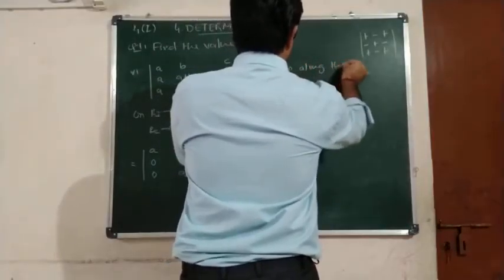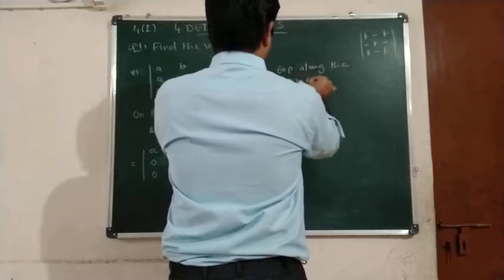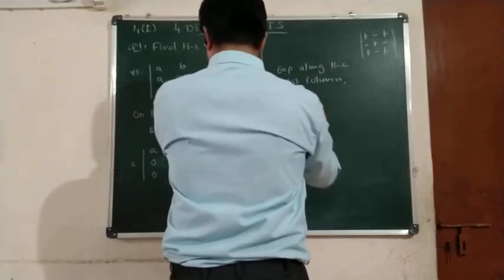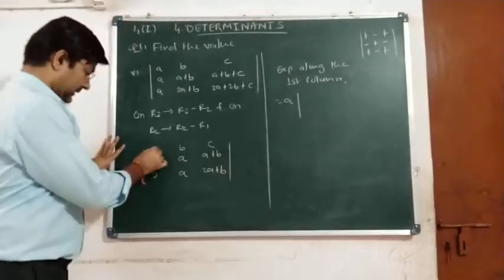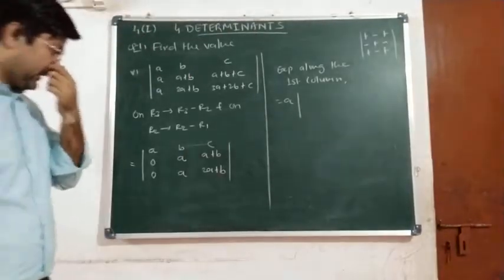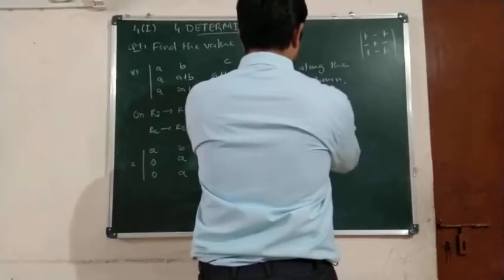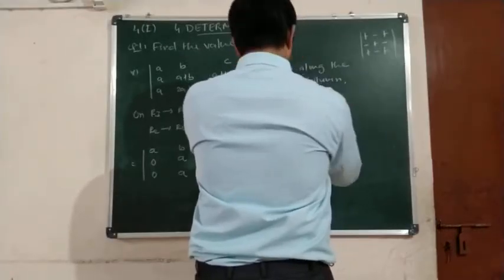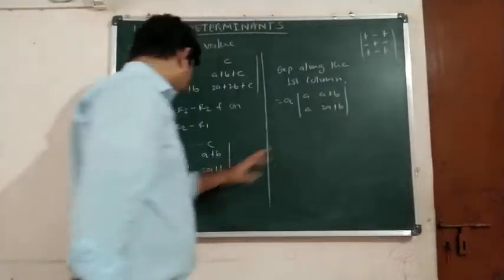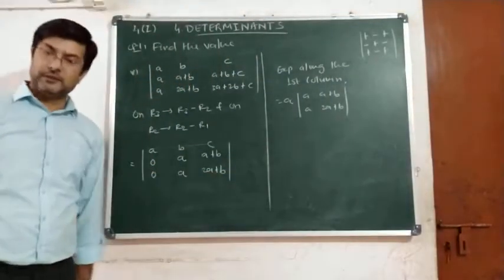Begin with a. Eliminating the row and the column containing a, we get the determinant a plus b, a, 2a plus b. The next two terms are 0, so we need not write them.